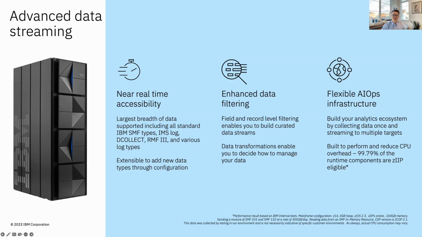So if you think about an SMF record type, right, we all know they can be very voluminous, contain more than 100 fields, but we may only be interested in a handful of these, right? A number of these fields could be things that we aren't interested in, could be a lot of noise. And so how do we reduce that? By the time you're looking at something, you're not sifting through these mountains of data.